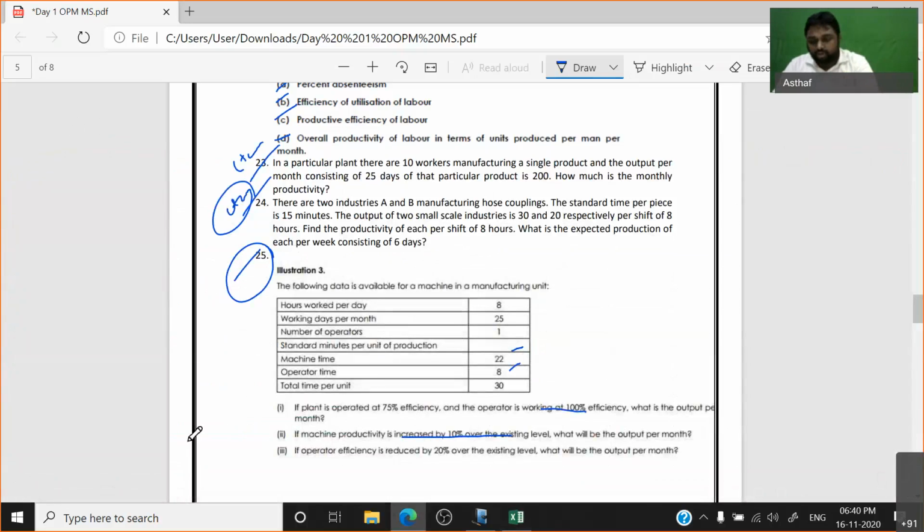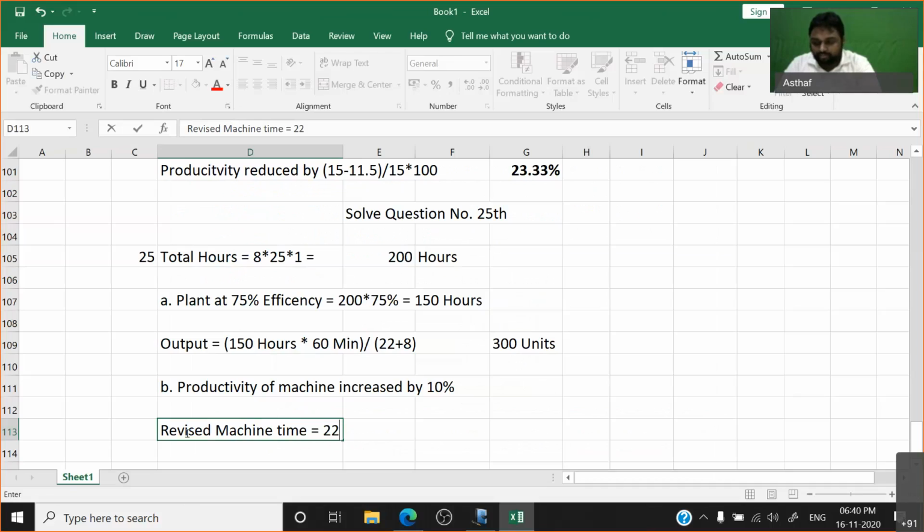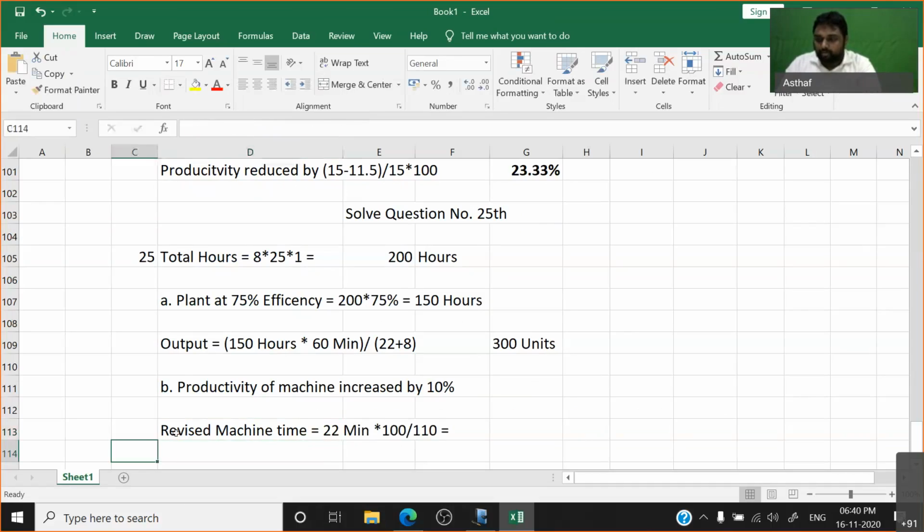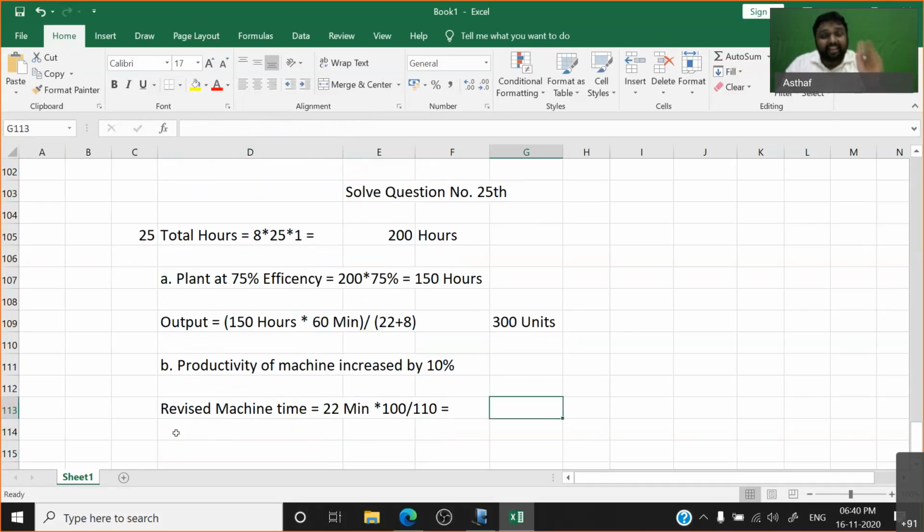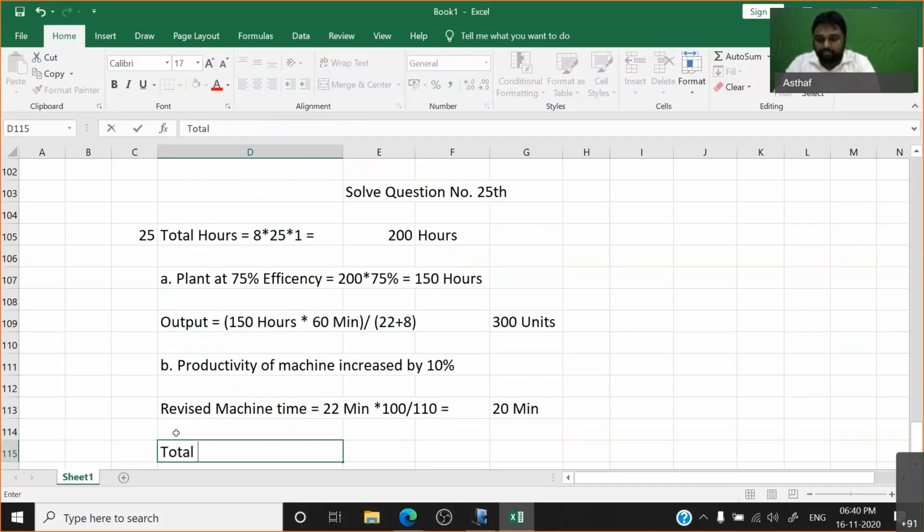Your time will reduce. So earlier it was 22 minutes into 100 by 110. If productivity decreases we multiply, if it increases we divide. So the time will be 20 minutes. Revised machine time is 20 minutes. So what is the total time? 20 minutes plus 8 minutes. We will have 28 minutes.